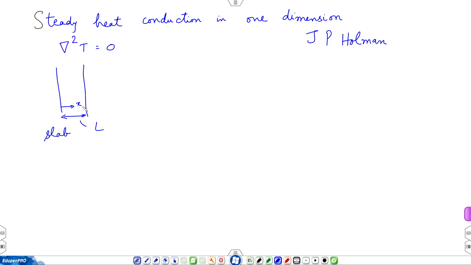So, x goes from 0 to L, and the governing equation is d2T/dx2 equal to 0. Now, let me also simplify the material further. Let us say that for this course, heat generation term is also 0.